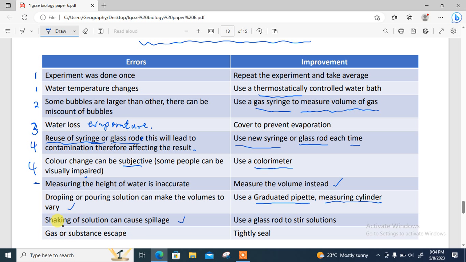So you check within those steps as they are describing it in the experiment, what did they mention? Sometimes they use these terms and they will ask you to identify the errors. So shaking of solution can cause spillage, and the best way, instead of shaking it, is to use a glass rod to stir the solution. Now, gas can also escape, so usually you seal it tightly to prevent that. Now, these are some of the errors and improvements.